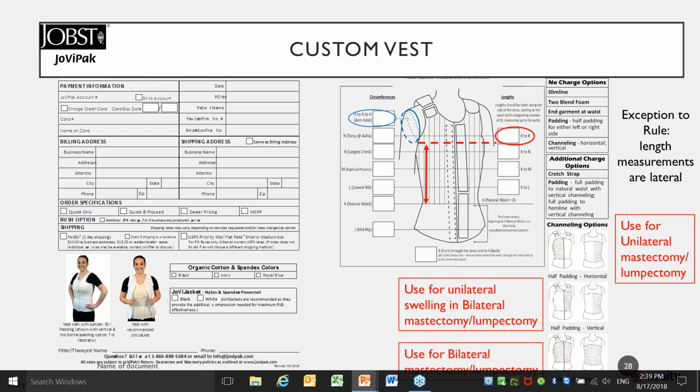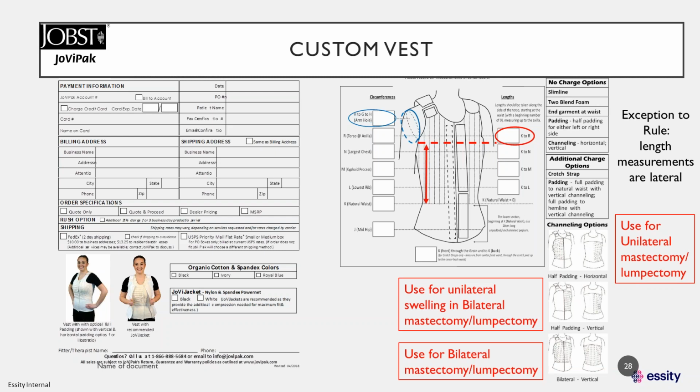Let me explain on the circumference, the H to G to H measurement, which is the circumference of the armhole. So basically you start at the level of the axilla and come up around the front of the arm, tip of the shoulder, and back around.